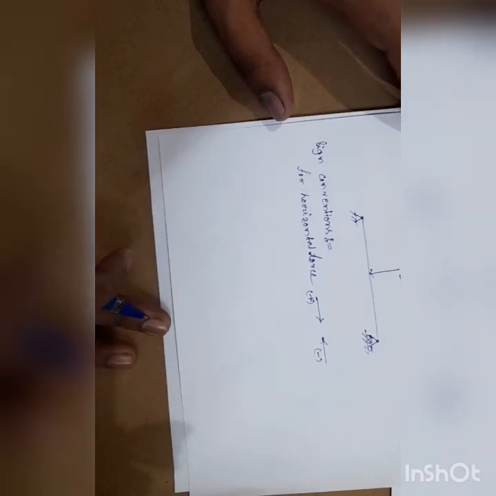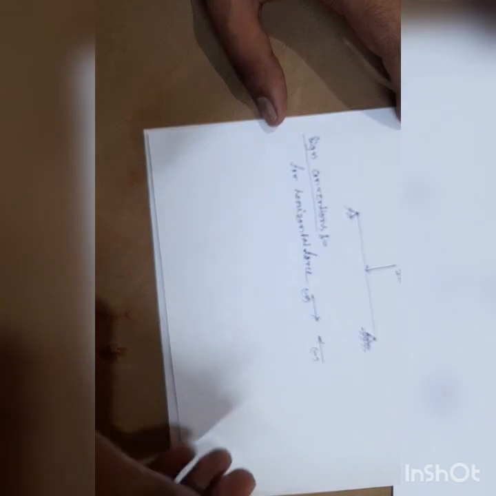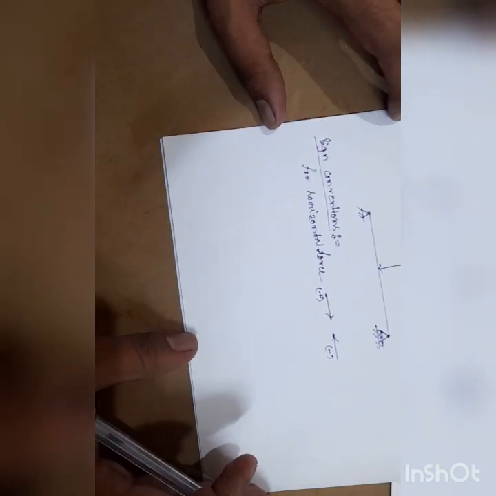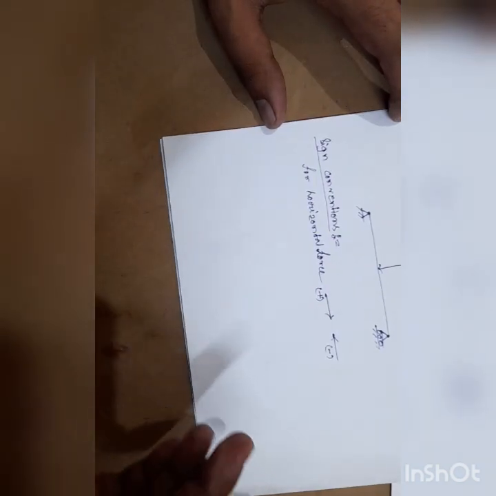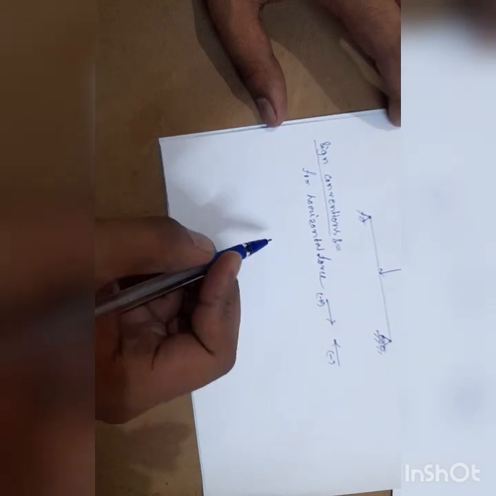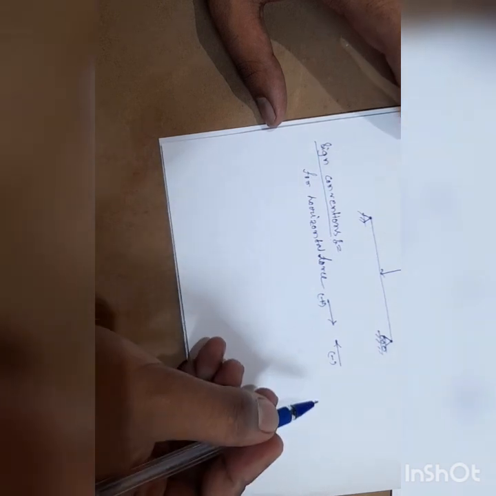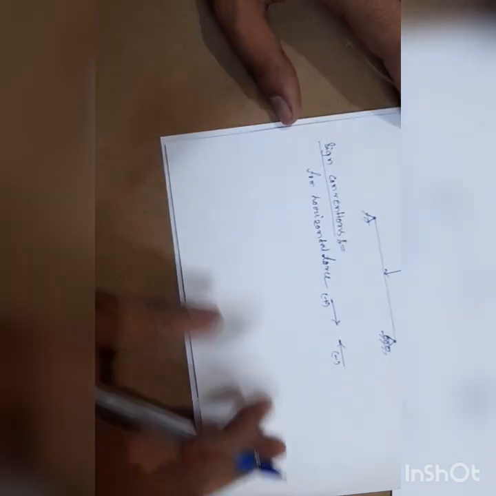These are very important for your calculation. Your calculation is fully dependent on how you take the sign conventions. If you take correct sign conventions, your calculation will be correct.